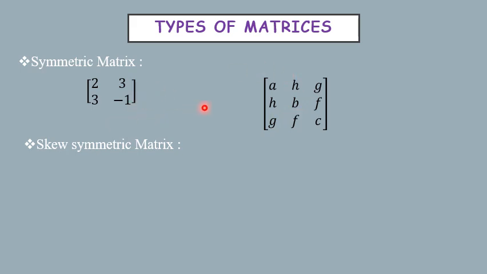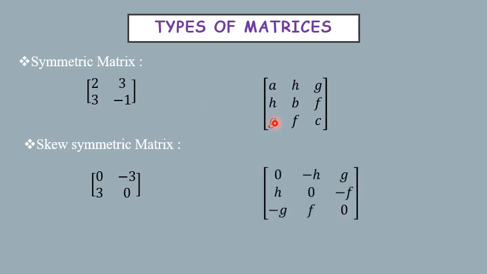Now skew symmetric matrix is again a square matrix in which diagonal elements are 0 and elements opposite to diagonals are equal in magnitude but opposite in sign. This is a skew symmetric matrix of order 2. This is a skew symmetric matrix of order 3.